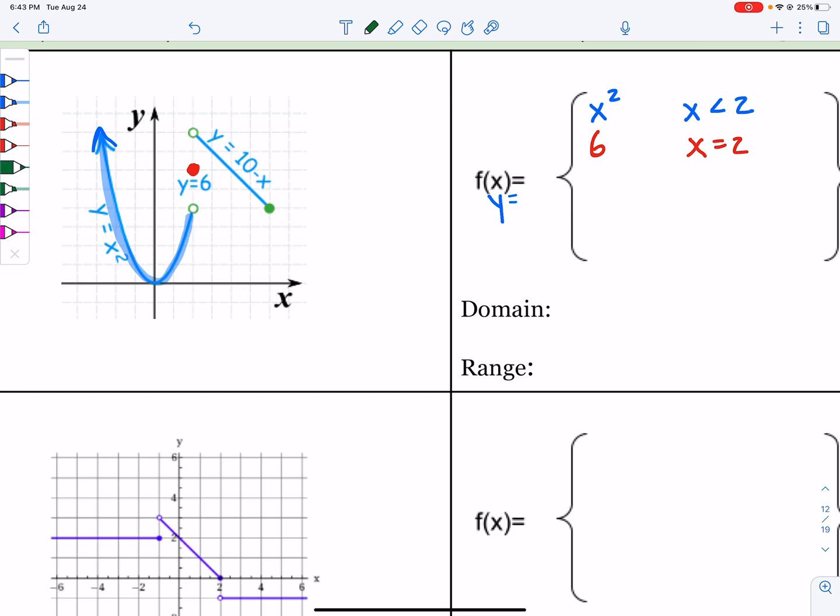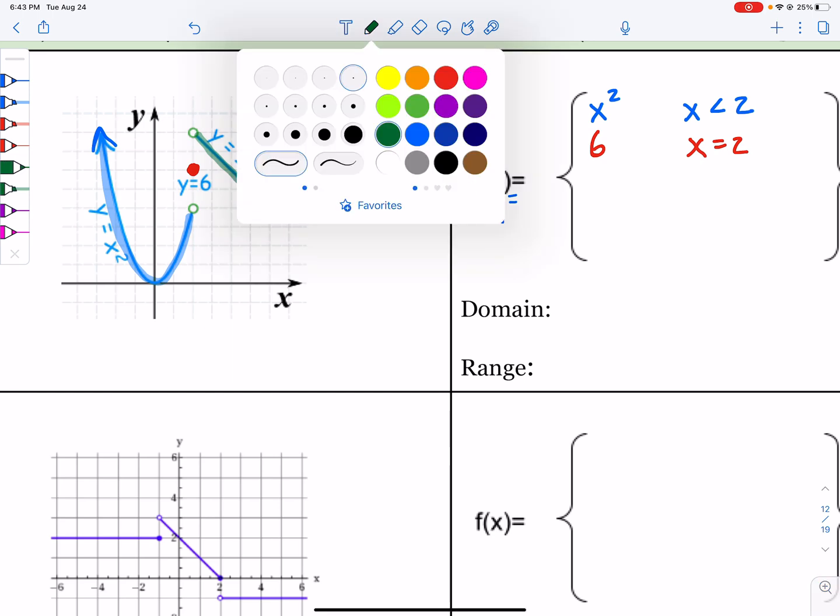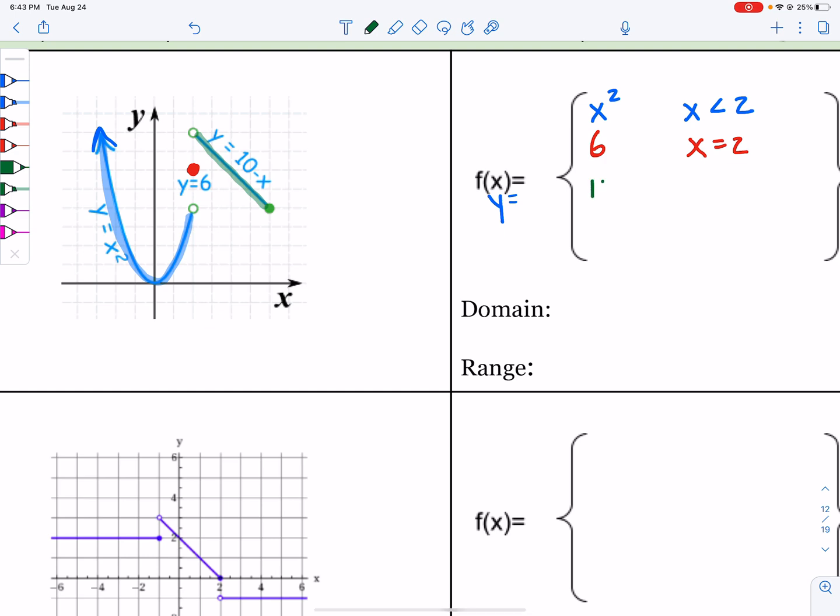And then the last piece of the function is this little piece of a line over here. And it says y equals 10 minus x. So you just write 10 minus x. You've already got y equals out front. And then you can tell that the values for x, the domain for this piece of the function, goes from x equals 2 over to where x equals 6.